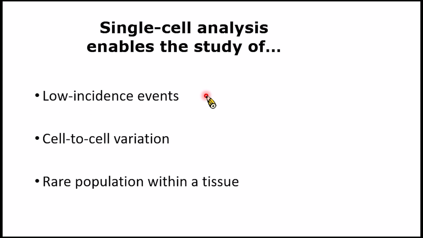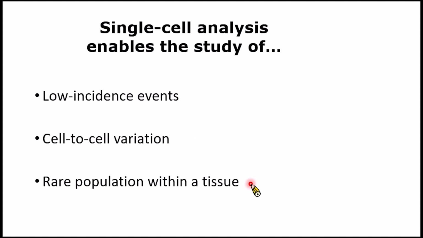Another example is that if you're interested in cell-to-cell variation within a population, you cannot study that just by looking at the average of the population. You need to look at each individual cell within this population to know the variation, say in gene expression.